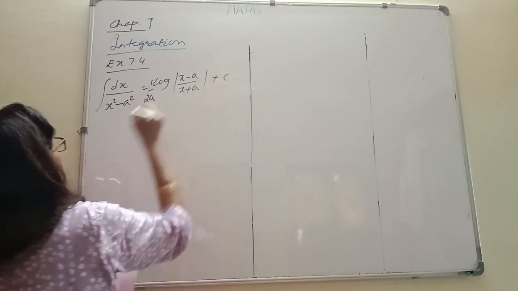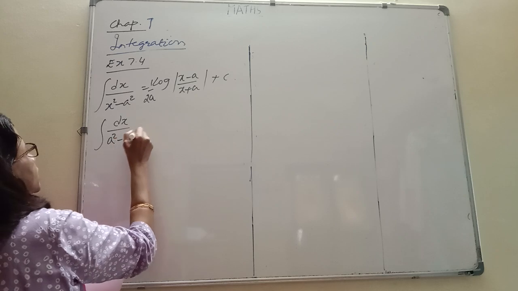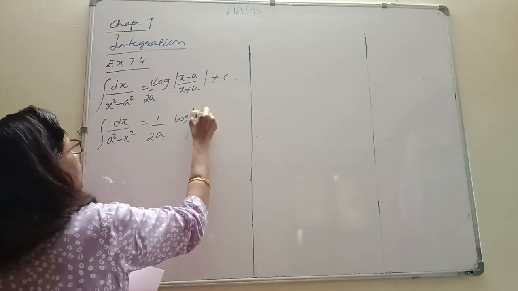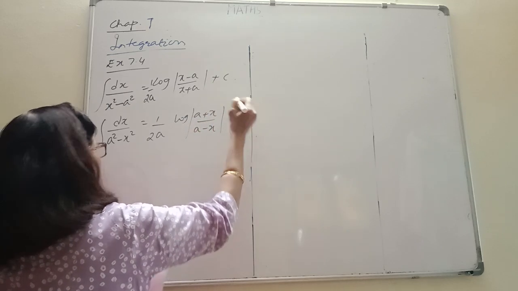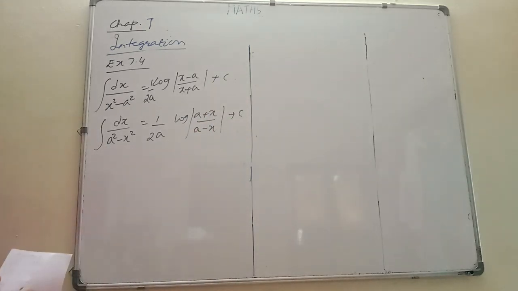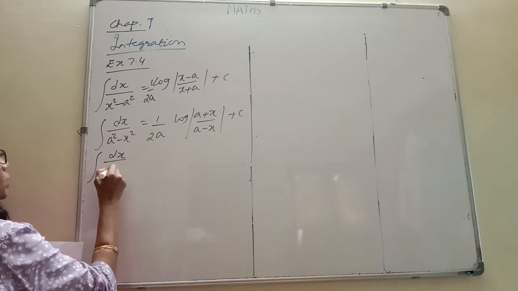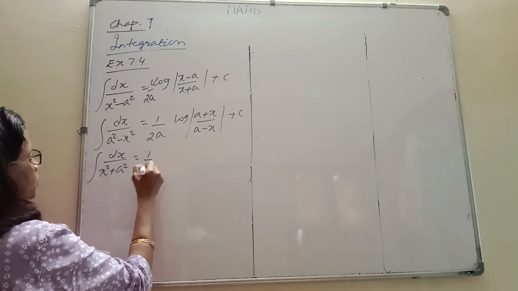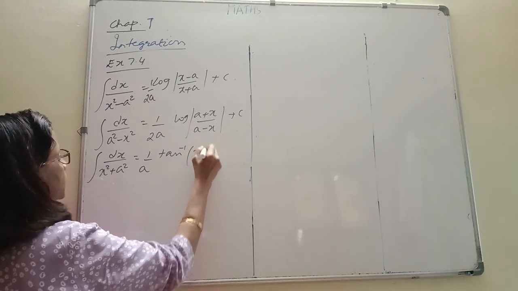And then the integral of dx over a squared minus x squared is the same way 1 over 2a log modulus of a plus x over a minus x plus c. Then you have the integral dx over x squared plus a squared, and this is going to be tan inverse. So this is going to be 1 over a tan inverse of x over a plus c.